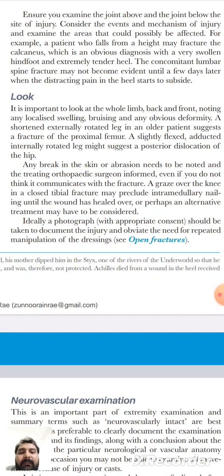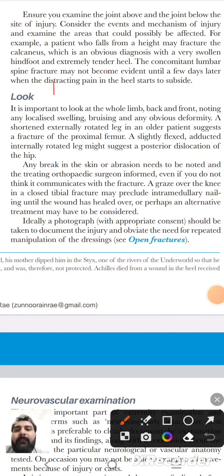The mnemonic is FADIR. F for flexion, AD for adduction, I for internal, R for rotation. So in posterior dislocation of the hip, the limb will be flexed, adducted and internally rotated.